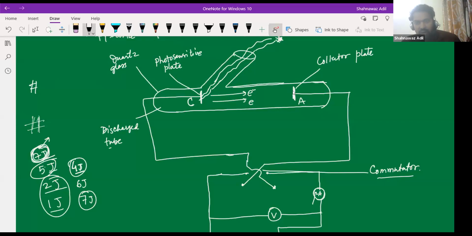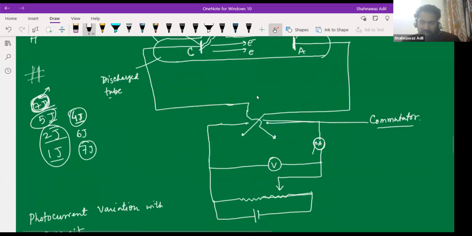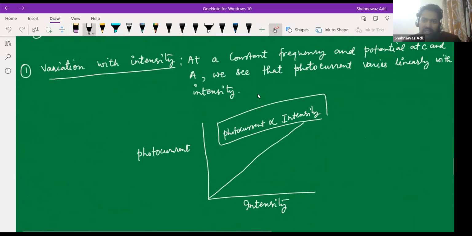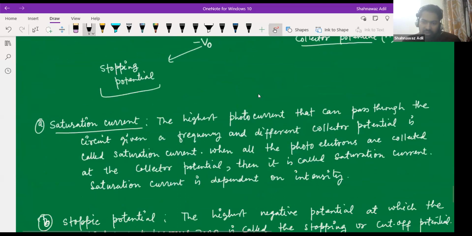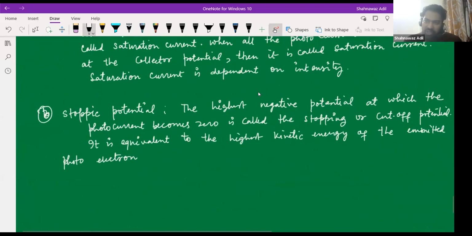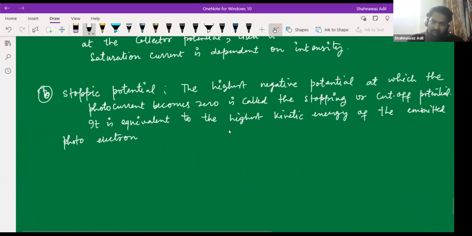Then the photo current will not pass through this circuit, they will be repelled out. So you will have zero photo current, right? That criteria is called the stopping potential. So it is equivalent to the highest kinetic energy of the emitted photoelectron, which is given by KE max, which should be eV naught.